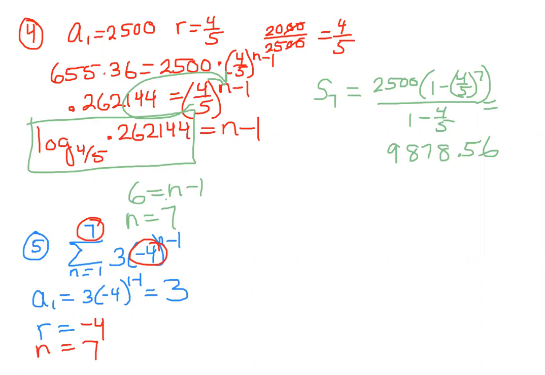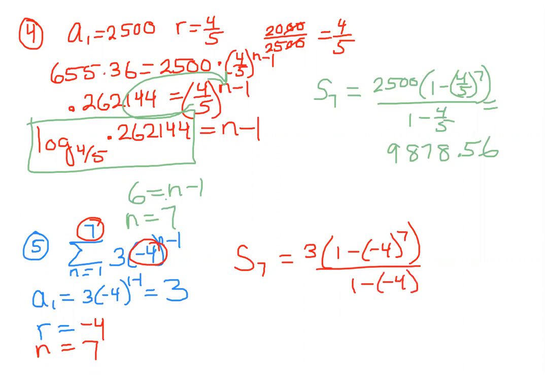So then we can use our equation and say 3 times 1 minus negative 4 to the 7th over, whoops, I did that wrong, 1 minus negative 4. And put all that in your calculator, and you should get 9831.